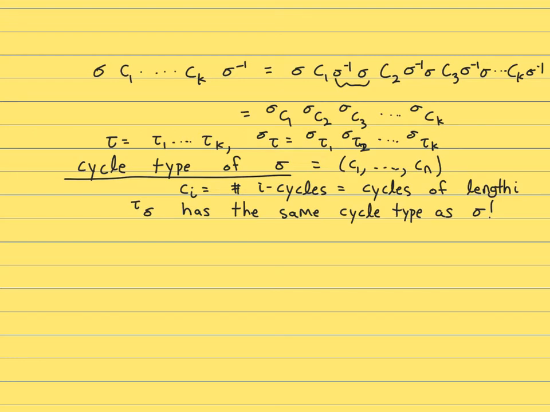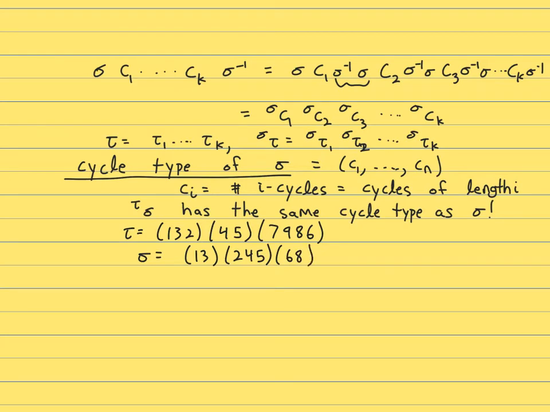By example, let's suppose tau was (1 3 2)(4 5)(7 9)(8 6), and suppose sigma was (1 3 2 4 5 6 8), and then let's include the 1-cycles here.